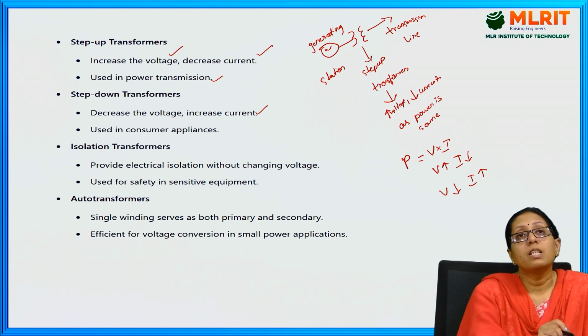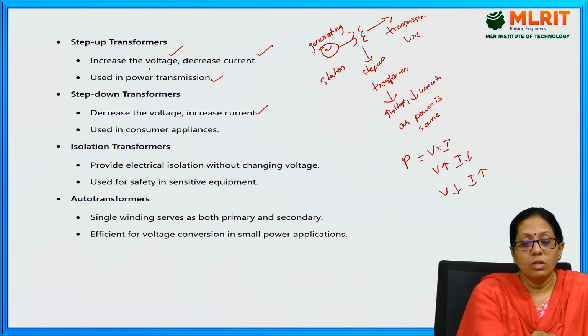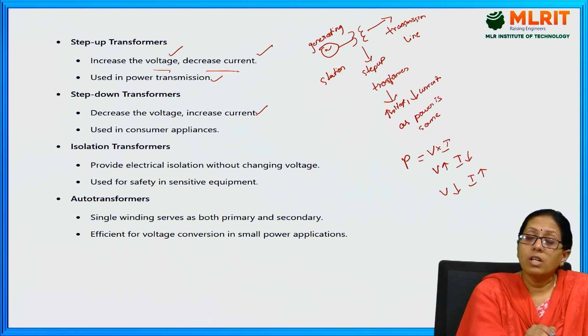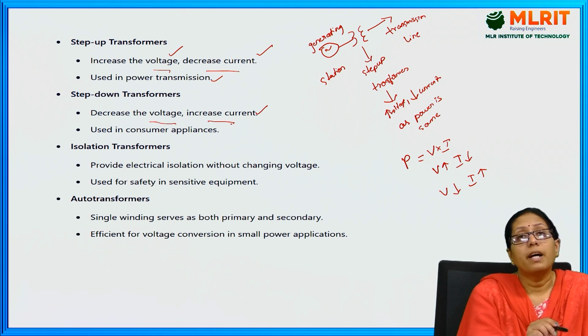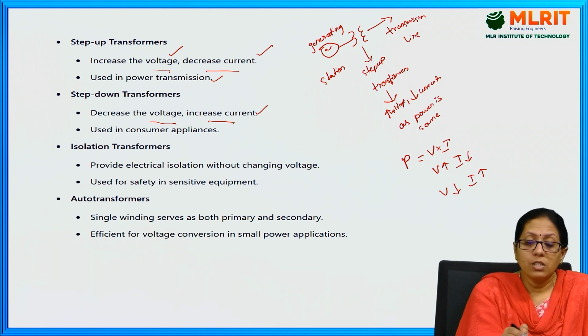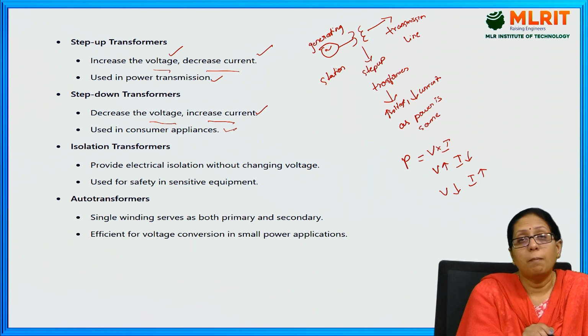In the step up transformer, voltage increases and current reduces. In the step down transformer, voltage reduces but current increases in order to maintain a constant power. And it is used in consumer applications.